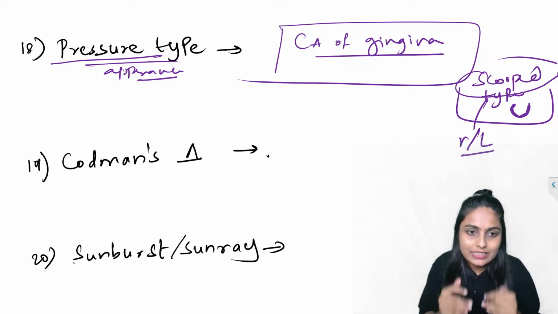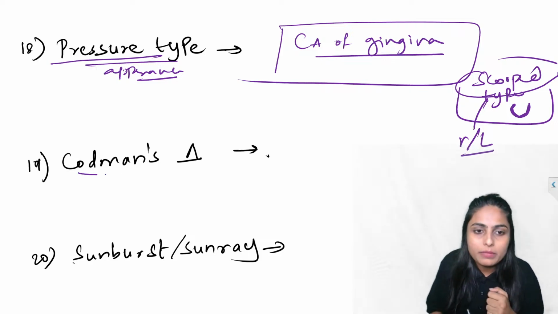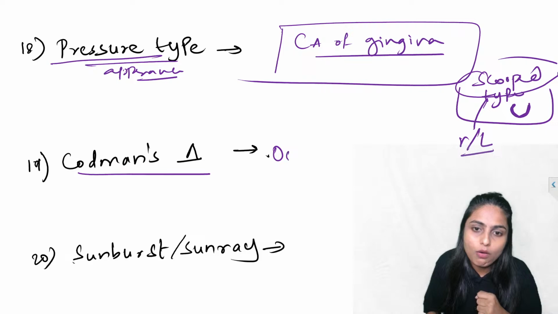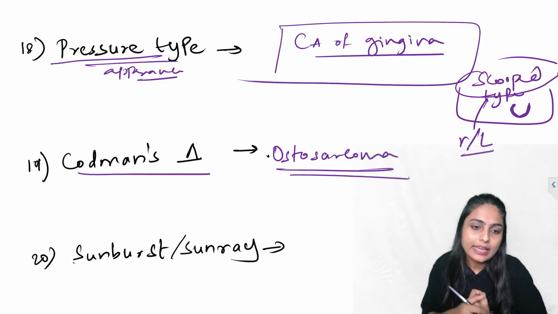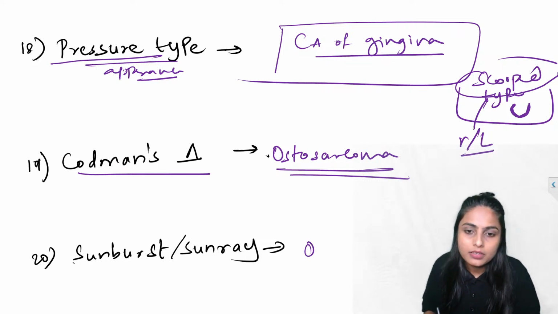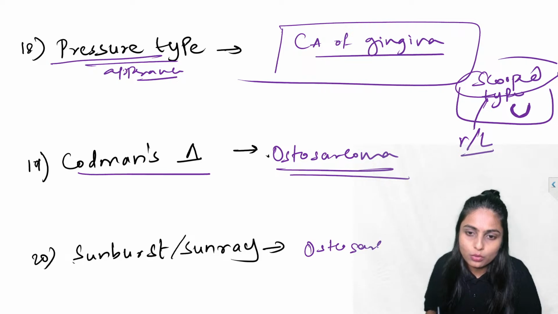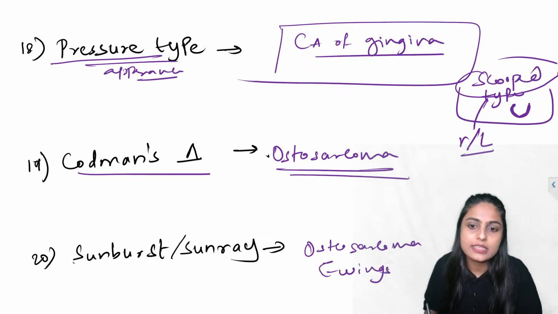Next we have Codman's triangle, seen in osteosarcoma. Again, sunburst or sun ray pattern is seen in osteosarcoma, and in Ewing sarcoma maybe you can see sunburst or sun ray pattern.